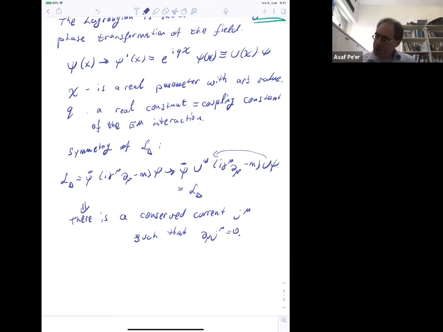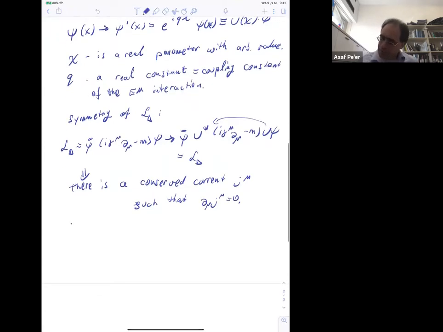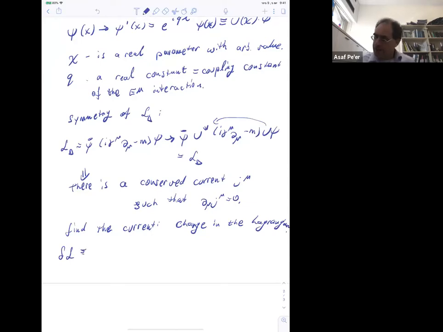Let's look at the change of the Lagrangian, to find the current. Delta L. L is a function of psi, d_mu psi, psi bar, and d_mu psi bar.